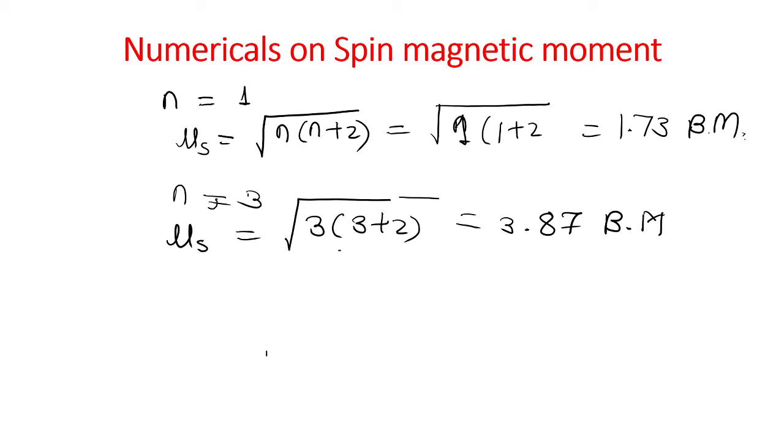In another case, if we want to calculate the magnetic moment of Fe3+, how do we calculate it? First calculate the number of unpaired electrons in iron.